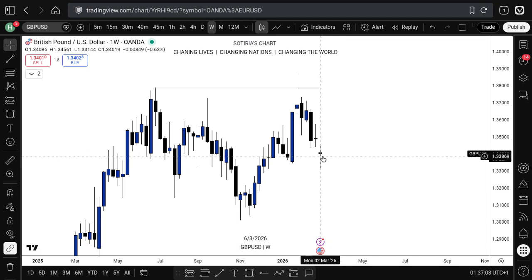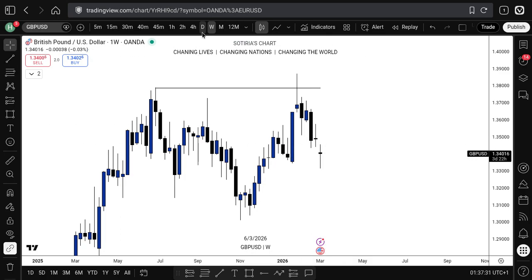So for now, we will keep selling, except if this candle closes above this level here, then I will consider my sales. But until then, we'll keep selling.